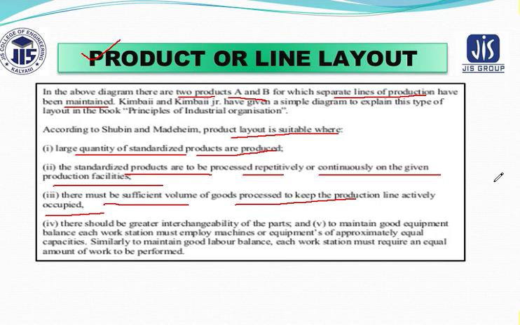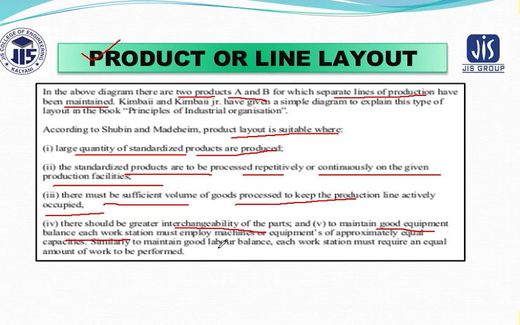If you want to run the line activity, you should have a sufficient volume of goods in your stock. And finally, there should be greater interchangeability of parts, and you have to maintain a good equipment balance at each workstation, so that the employees, machines and equipment all run at approximately full capacity in a proper manner.